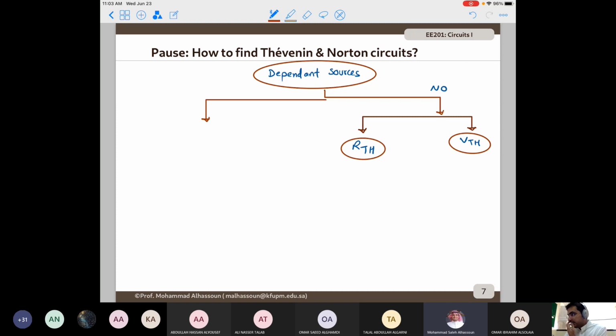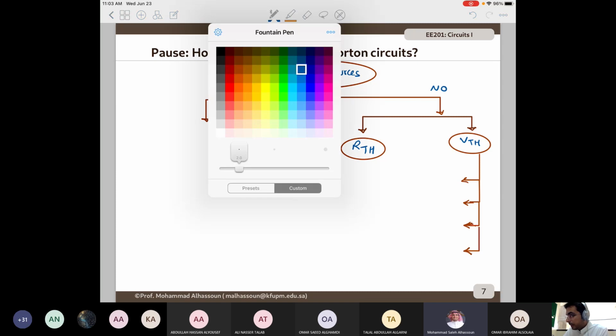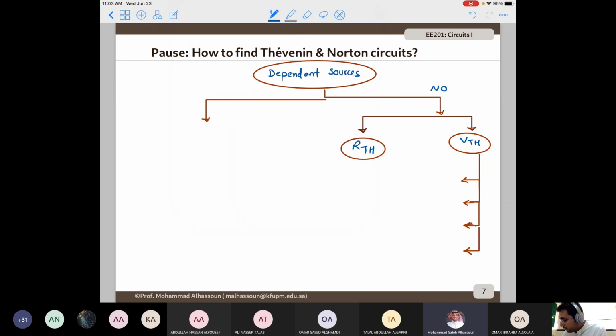Okay, so for the Thevenin voltage, you have 4 options to find it. The first one is using the node voltage method. The second one is using the mesh current method.